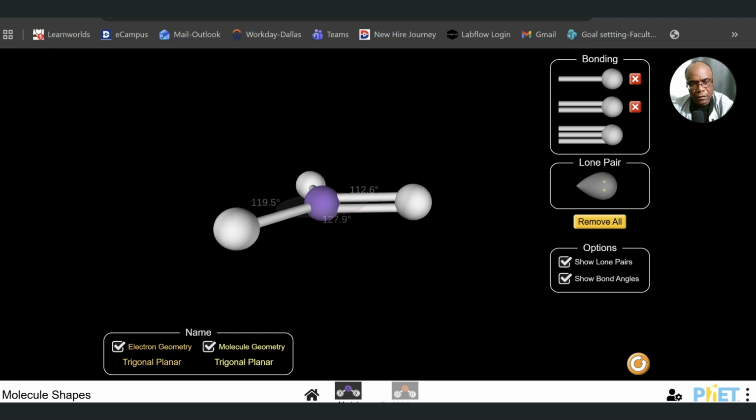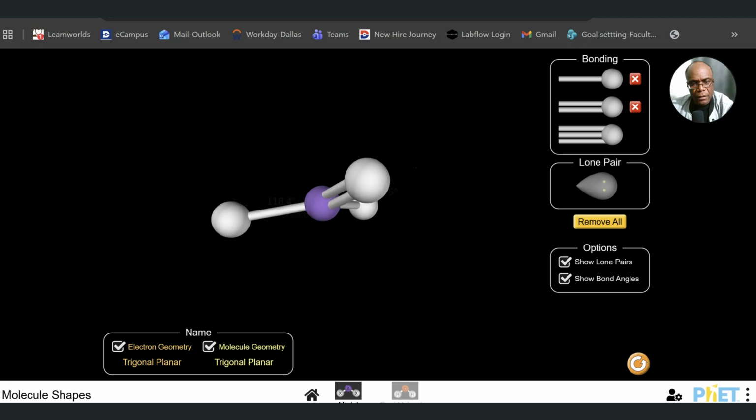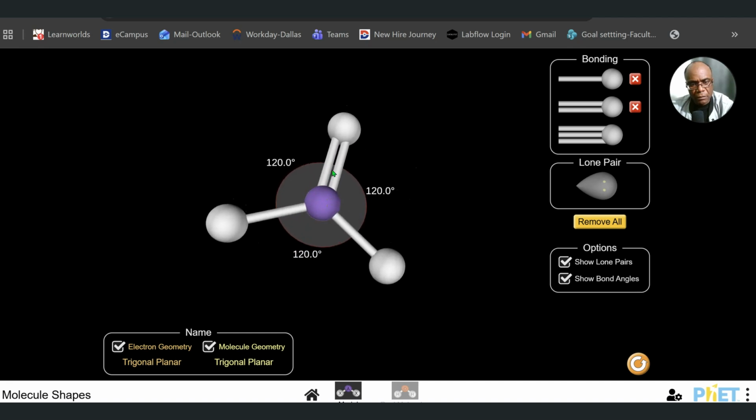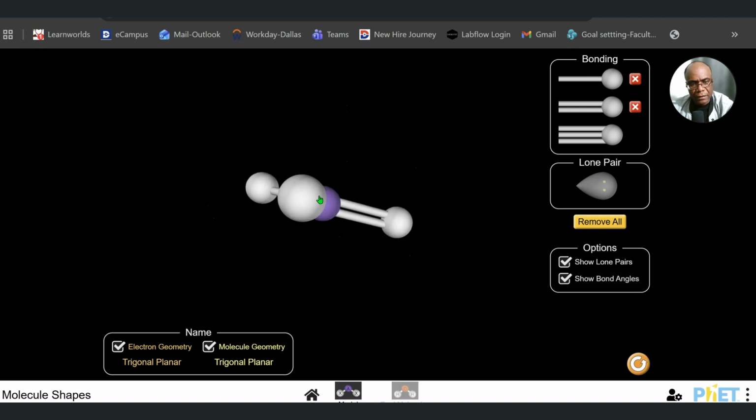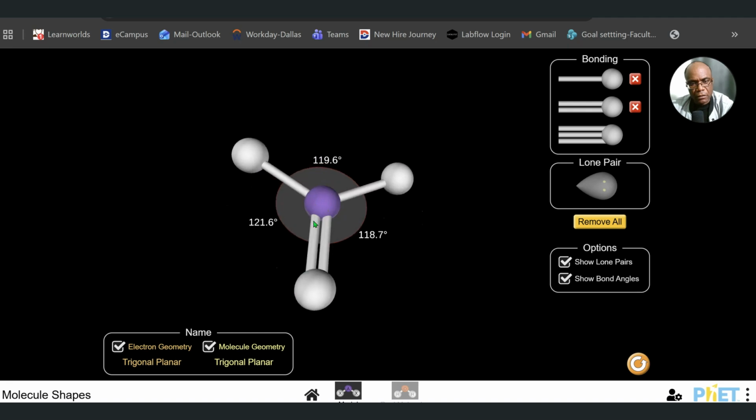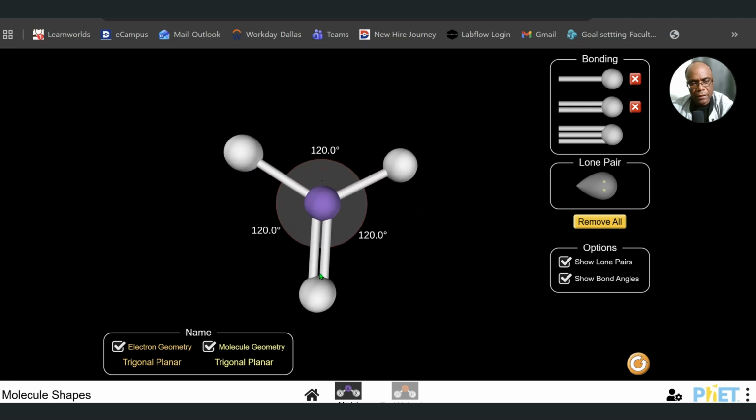Similarly, if you do that for formaldehyde, assume the purple is the carbon, this is the oxygen right here, and those are the 2 hydrogens. You'll see again it's also flat. Bond angle is 120. You connect the atoms on the outside, you get a triangle. So the molecular geometry is trigonal planar. We determined the carbon did not have a lone pair, so molecular geometry will be equal to electronic geometry.